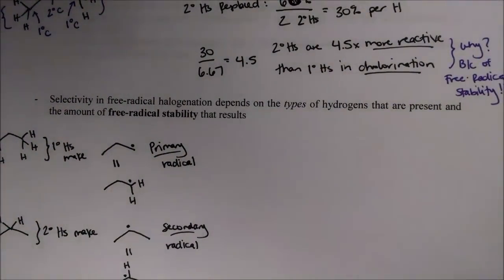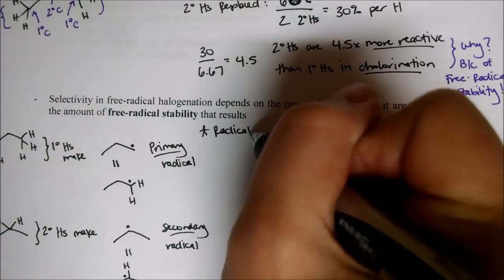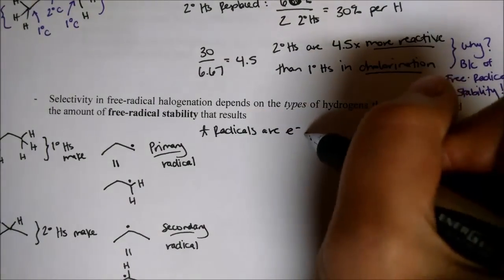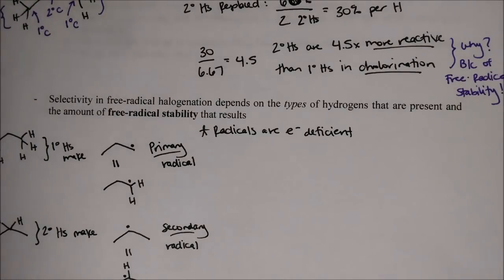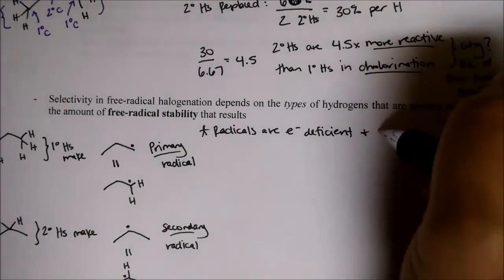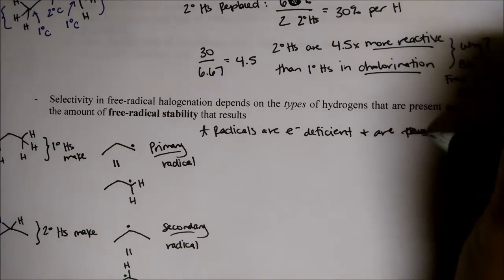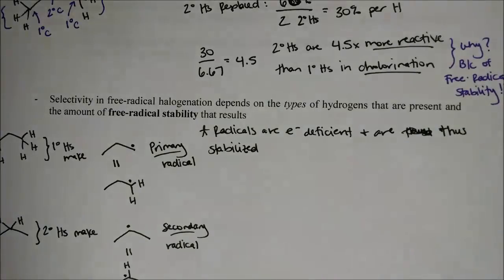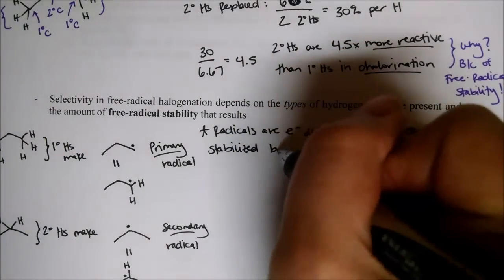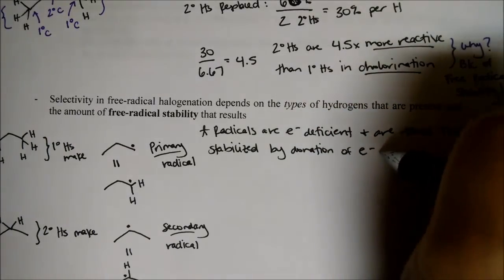That's because radicals are electron deficient. Okay, this becomes important. So radicals are electron deficient. Again, they are unpaired electrons, so they definitely want more electrons. So they're thus stabilized by donation of electron density.